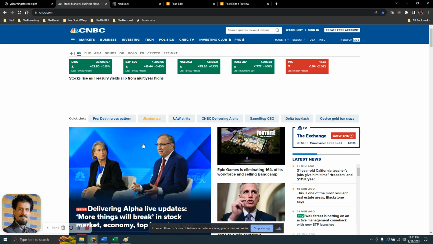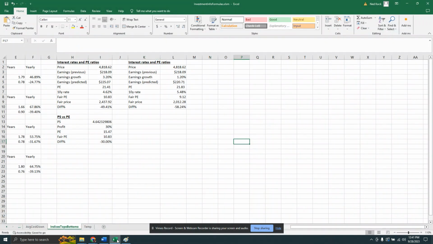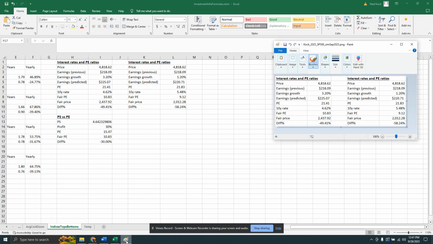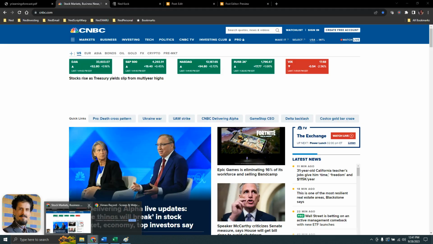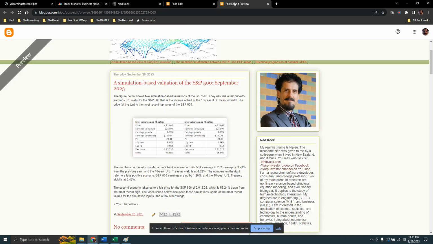So there is a pull to these values. They're much lower than they are now, about 50% lower from the current value of the S&P 500.